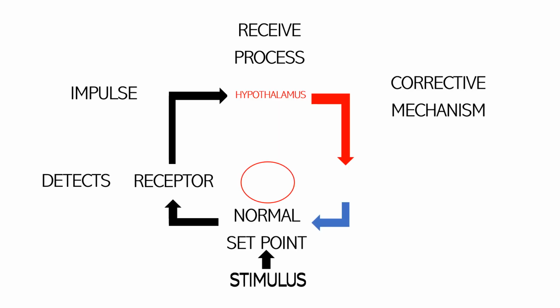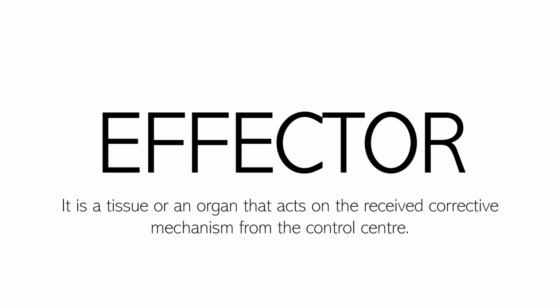The corrective mechanism in thermoregulation is then sent to the effectors of the skin. Effector. It is a tissue or an organ that acts on the received corrective mechanism from the control center to achieve homeostasis. An effector can be a muscle or a gland.